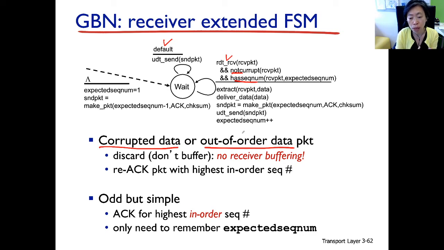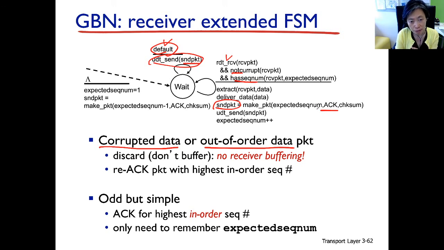This could also be a data packet carrying a future sequence number. In either case, default is just to send the same packet again, that is the ACK packet generated previously when data arrived correctly and in sequence.